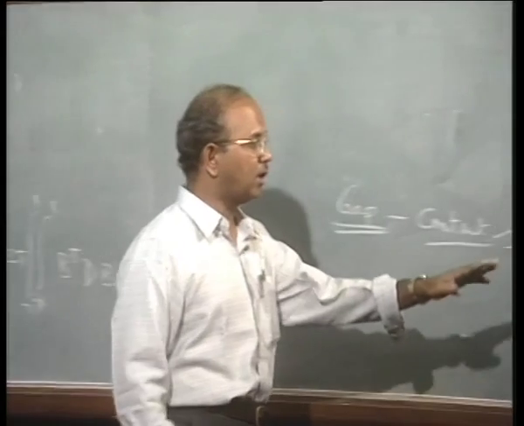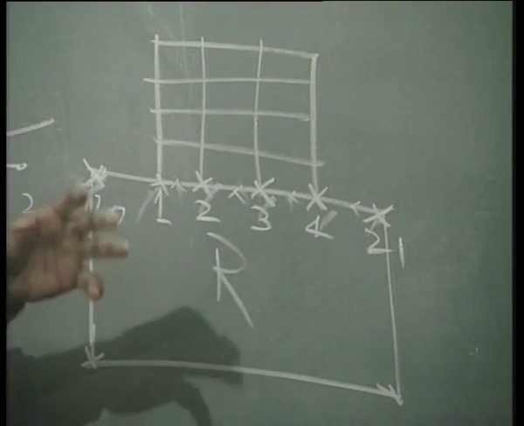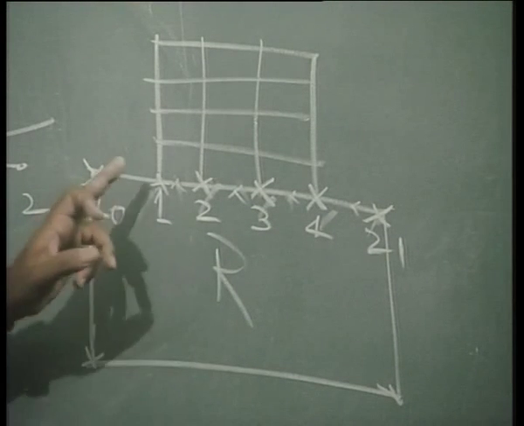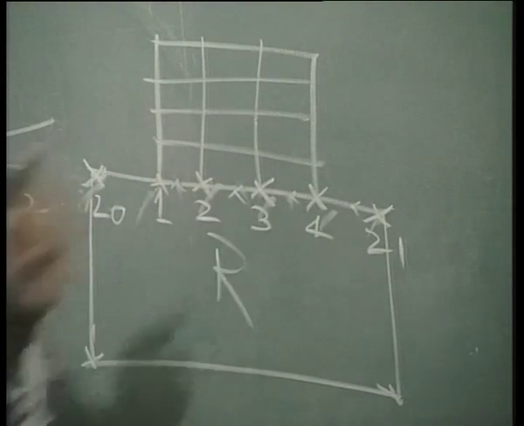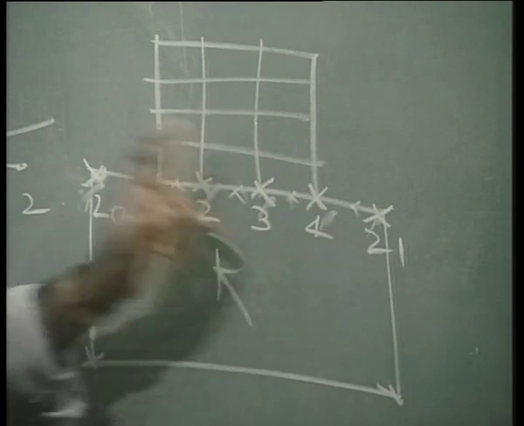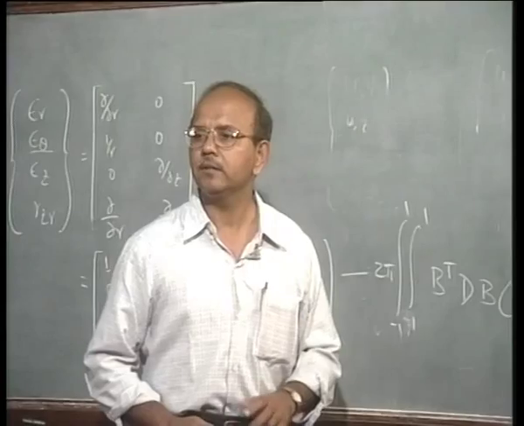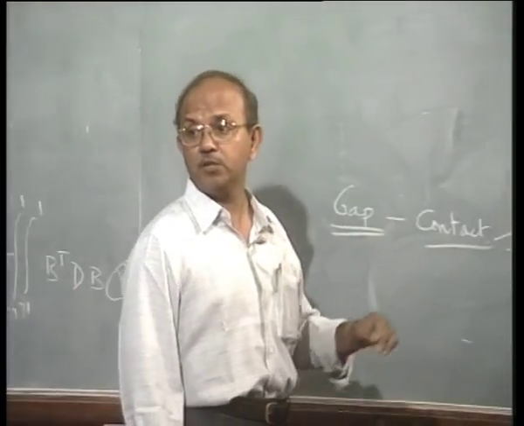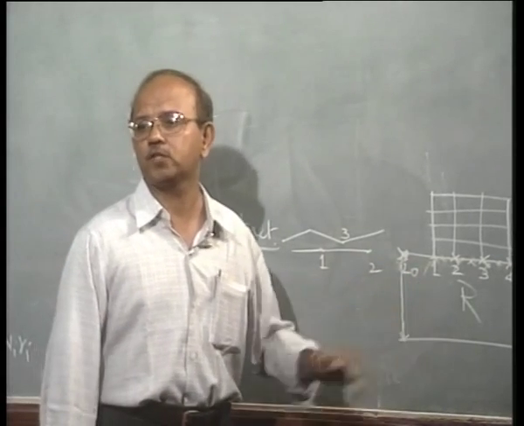There will be 4 contact elements, or in other words, the stiffness of these contact elements will be formed with 1 20 21, 2 20 21, 3 20 21 and 4 20 21. Note this carefully: the contact element is a node to surface contact element, and not a surface to surface contact element.